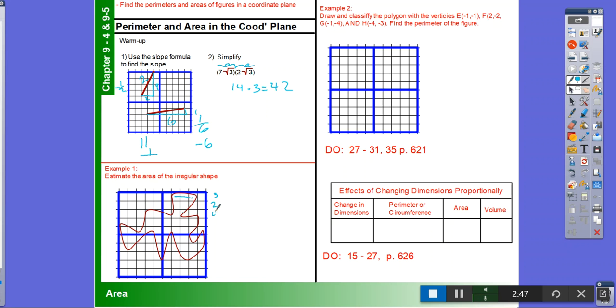So I'll call that 4. Right here we have this long block, that's 6. All right, so this is 1, 2, 3, 4. Together that's 5. Let's call that a whole 6, 7.5.